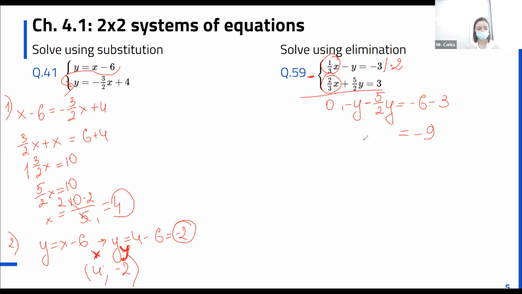So we have minus 2 over 5 y. To get the value of y, we need to divide minus 9 over this fraction.